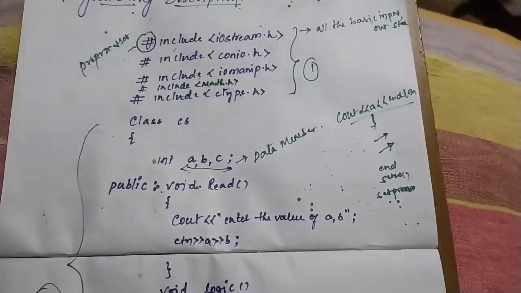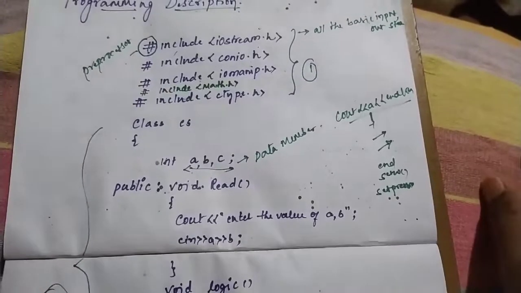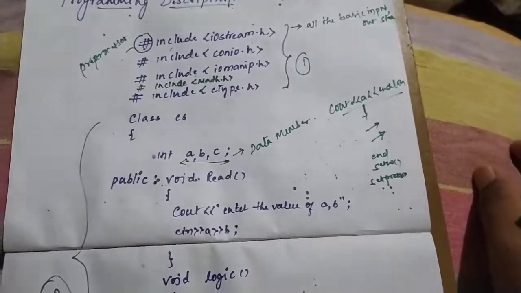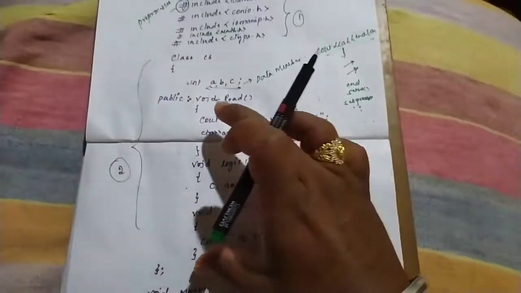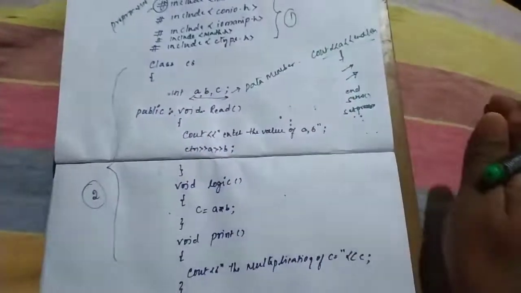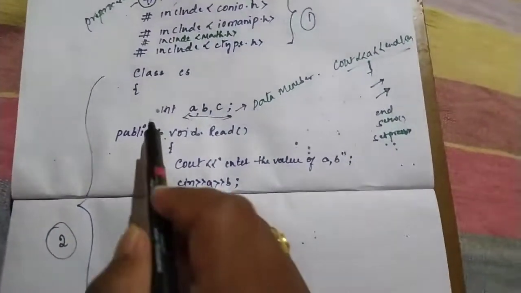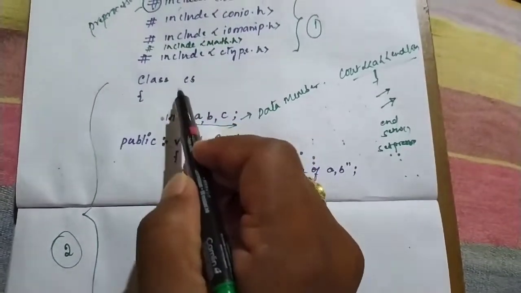When you start writing any C++ program, first of all the library function, second immediately you are supposed to follow with the class block. The same thing I have done here. Up to this is the class block. When you are defining the class block, a keyword is to be used. That keyword is class, and this is the name of the class.